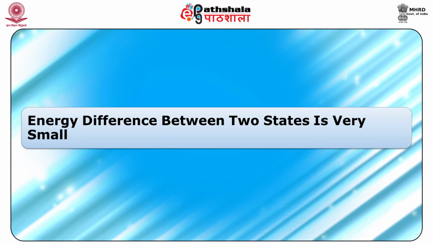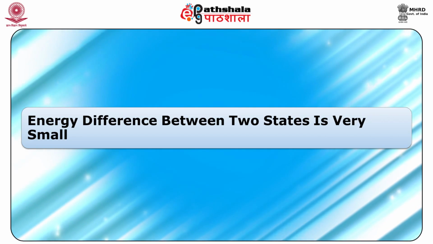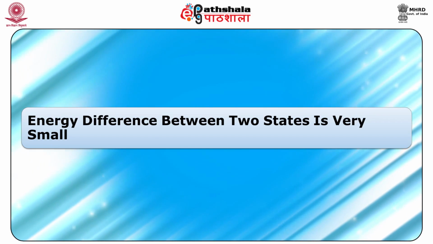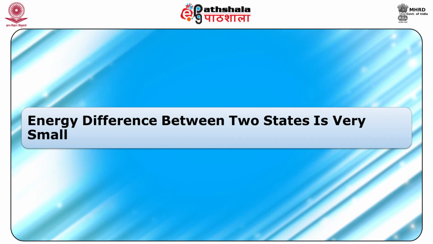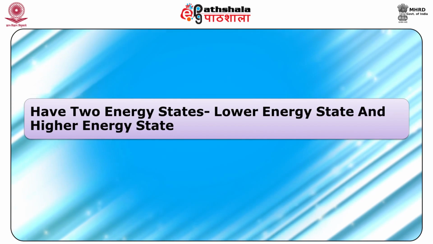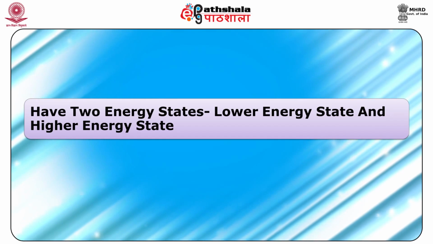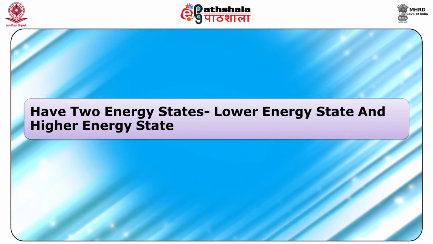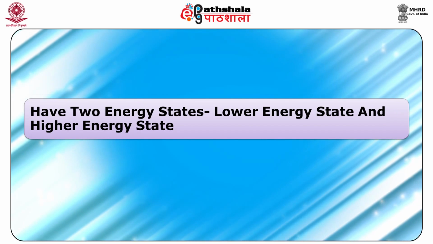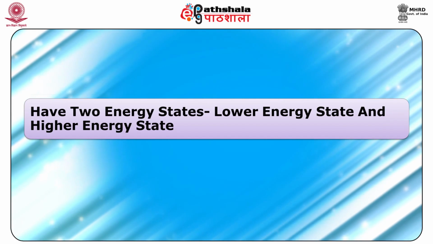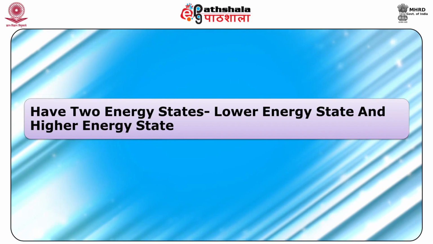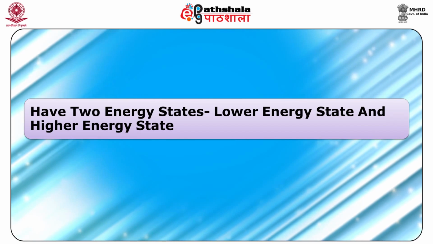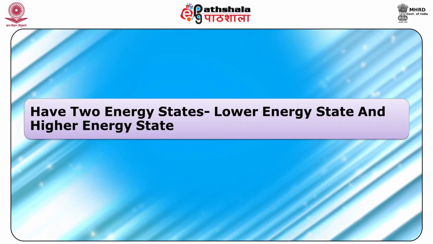The energy difference between these two states is very small, that is, less than 0.1 calories. In a magnetic field, there are now two energy states for a proton, a lower energy state with the nucleus aligned in the same direction as B0 and a higher energy state in which the nucleus is aligned against B0.